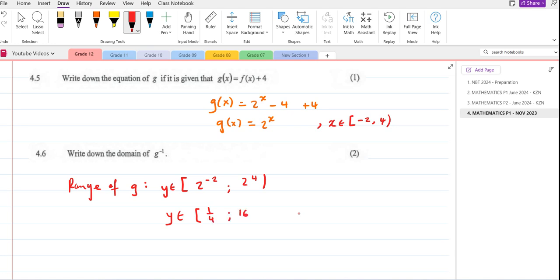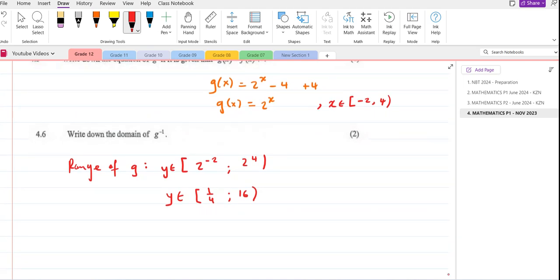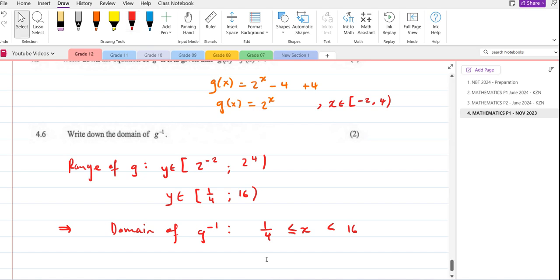So what will be the domain? The range becomes the domain. So the domain of g inverse will become x is greater than quarter but less than 16. I hope you guys understood this. Moving on to the next question.